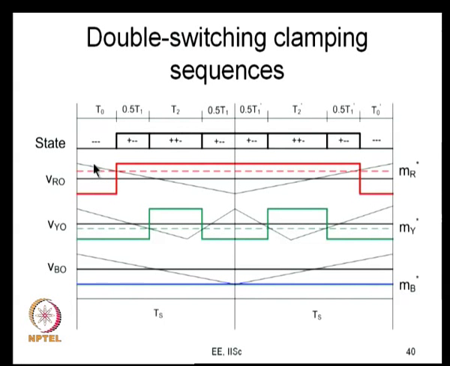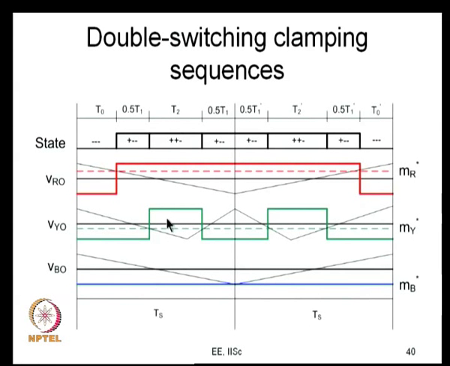You can compare MR star with a triangular carrier and produce the switching instant, whereas for MY star you can't compare it with a triangular carrier. If at all you want to identify the switching instant, it has to be a very complicated signal as shown here. This is not your usual carrier. You are using an asymmetric double ramp signal instead of a single ramp, and these slopes themselves will vary from one to the other.